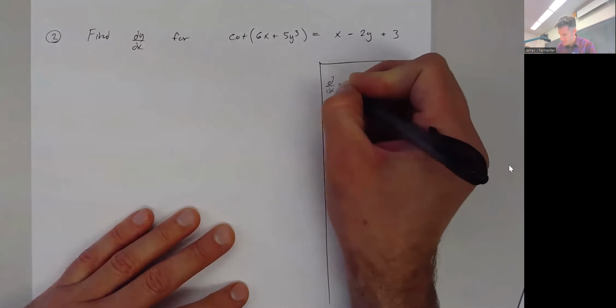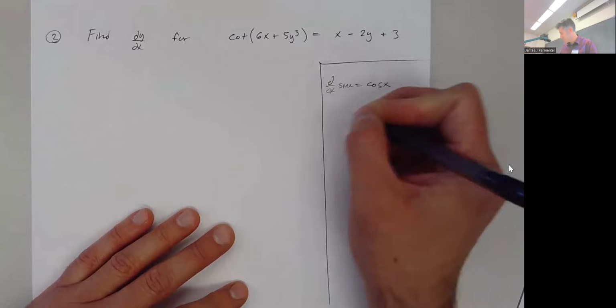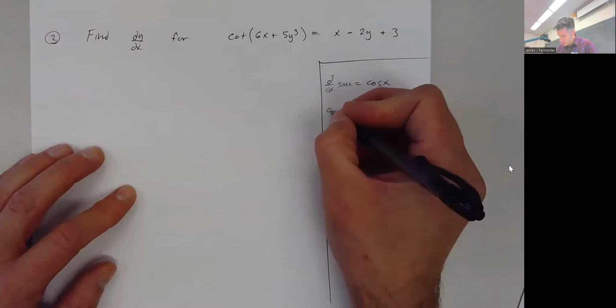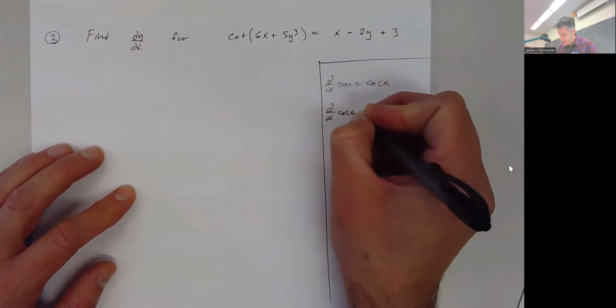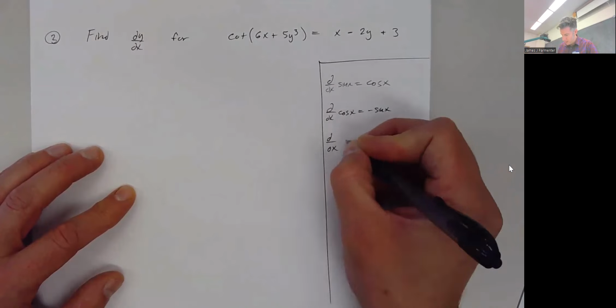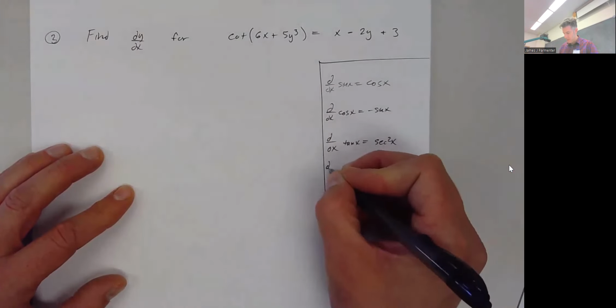Derivative of sine. This pen's starting to go. Is cosine. Okay, you're dead to me now. Derivative of cosine is negative sine of x. Derivative of tangent of x is secant squared of x, and then cotangent goes right along with that.